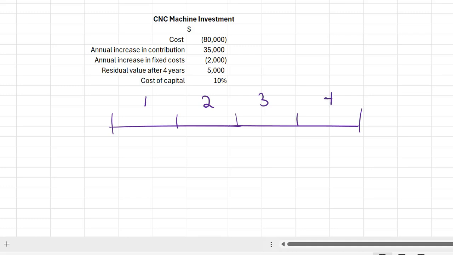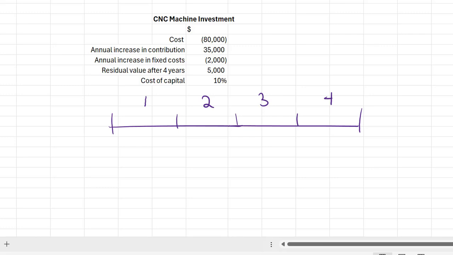Now, we are going to use columns to express the year number, but shortly we're going to run into a problem because we need to distinguish between the beginning and the end of a year.